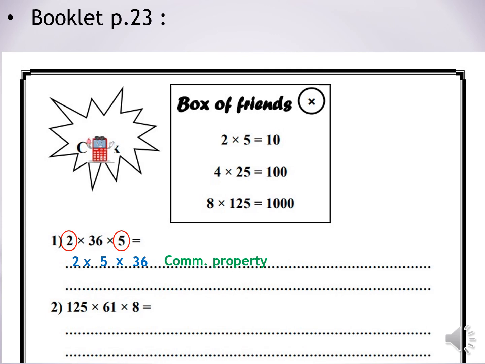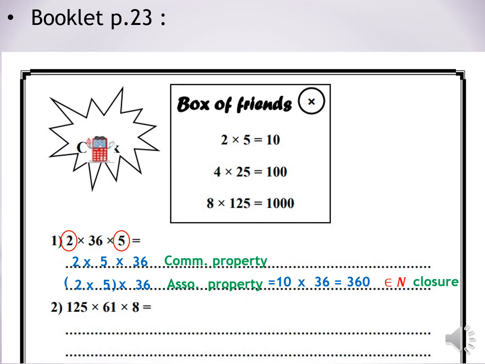So it means open a bracket and put the friends 2 multiply 5, then close the bracket and then multiply 36. This is called associative property. Then I will answer: 2 multiply 5 is equal to 10, multiply 36 equals 360. Belongs to N, closure.